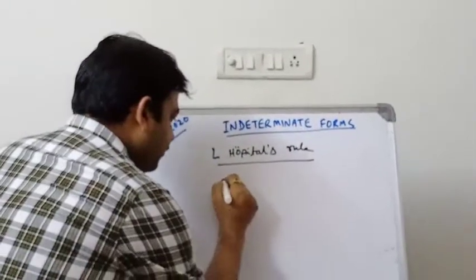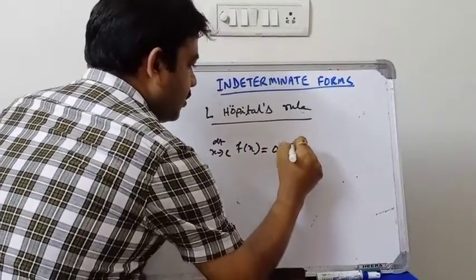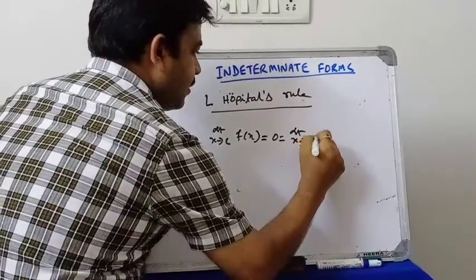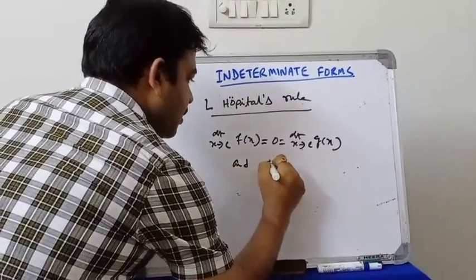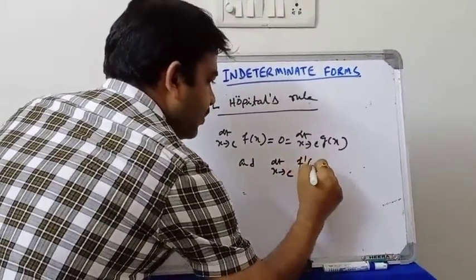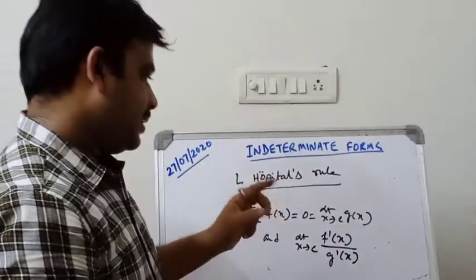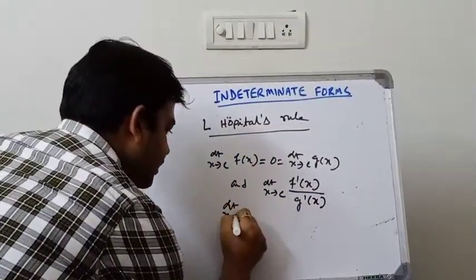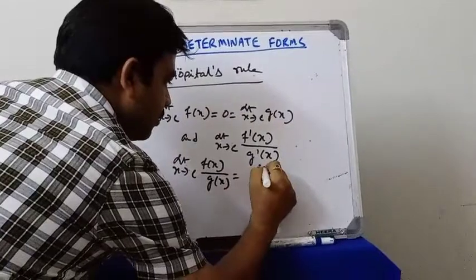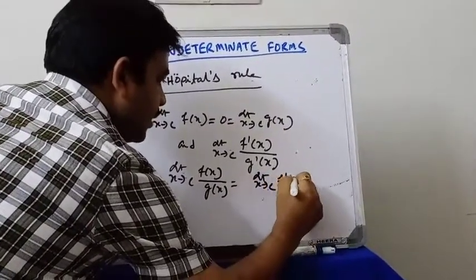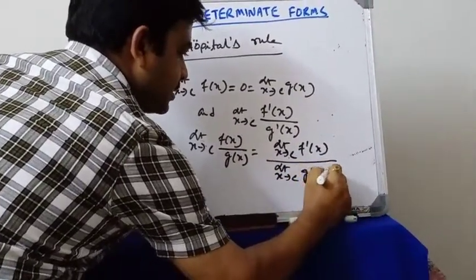If limit x tends to c, f of x equals 0 equals limit x tends to c, g of x, and limit x tends to c, f dash x by g dash x exists, then only we can write limit x tends to c, f of x by g of x equals limit x tends to c, f dash x by limit x tends to c, g dash x.